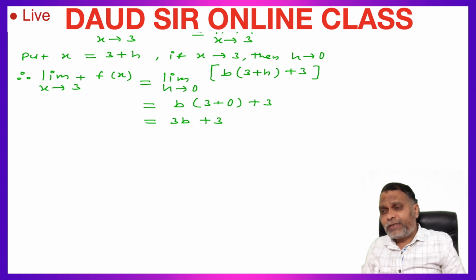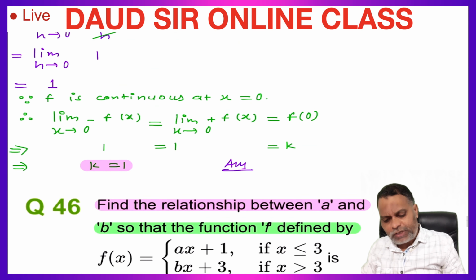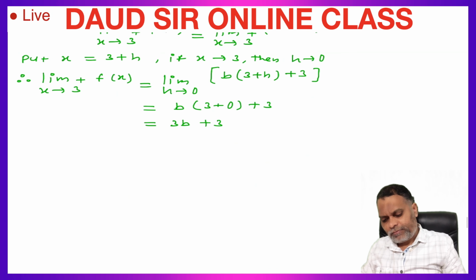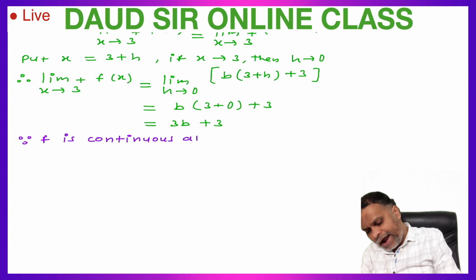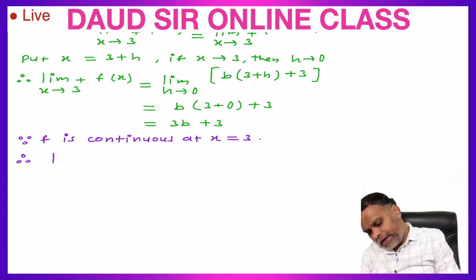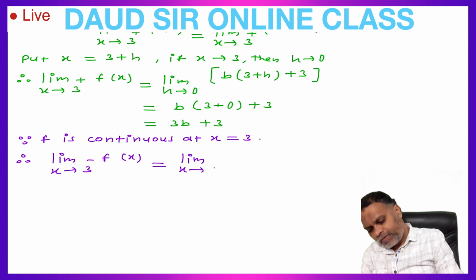Since f is given continuous at x is equal to 3, therefore left hand limit is equal to right hand limit is equal to f of 3.